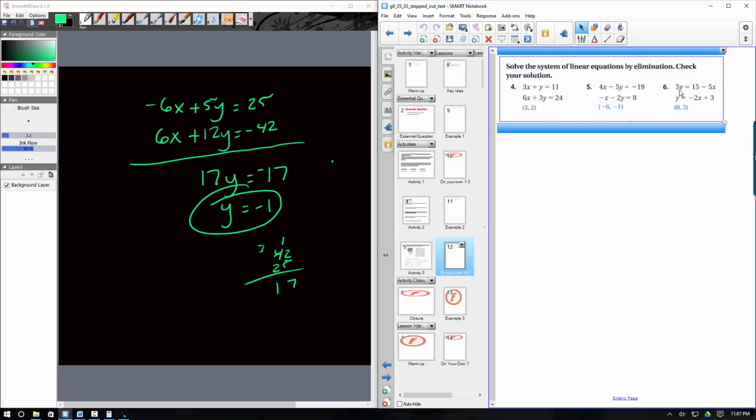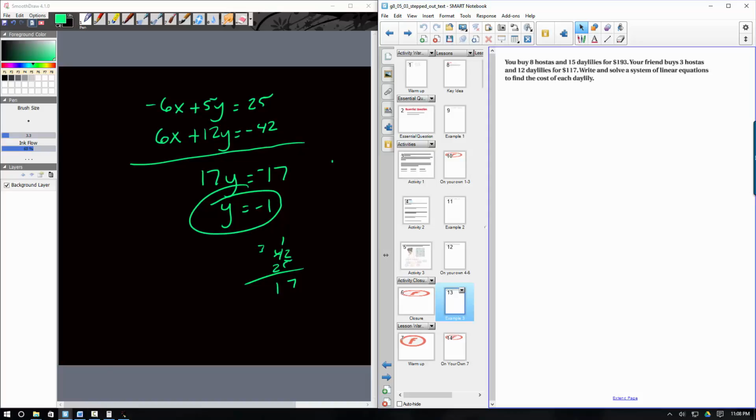So I could actually plug this in here. This would be a better substitution problem, right? I could plug in 5 times negative 2x plus 3 equals 15 minus 5x, and I can absolutely do it. To solve by elimination, I actually have to set them both equal here, so I'd want to multiply both sides by negative 5. But I would really recommend in this case, this last one, this is a good example where you'd want to substitute.